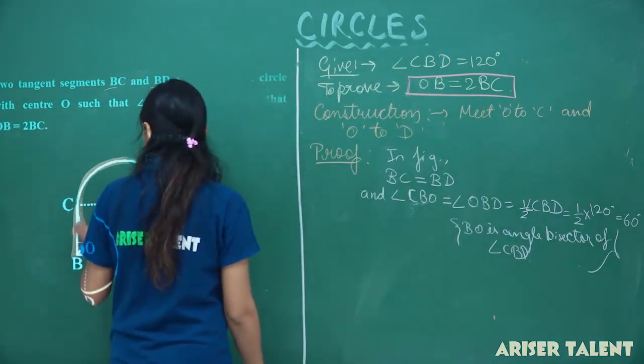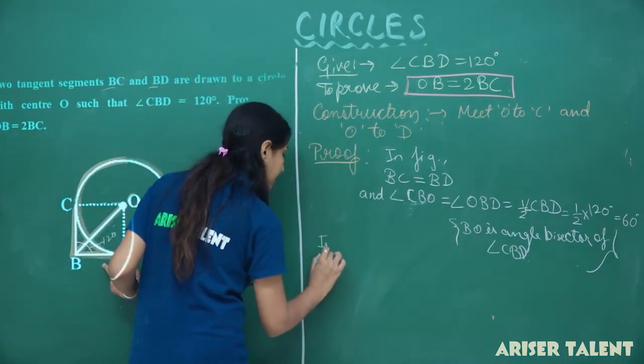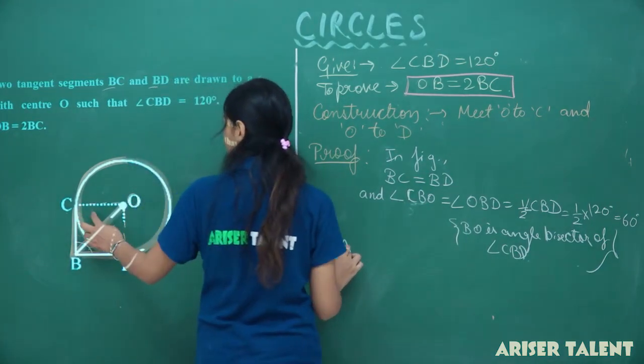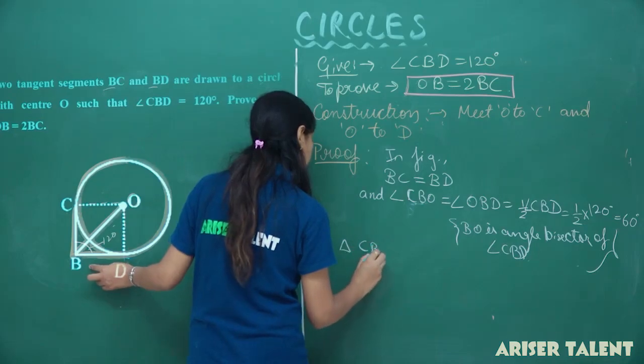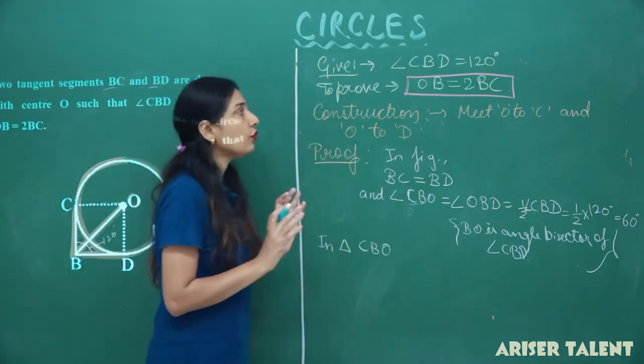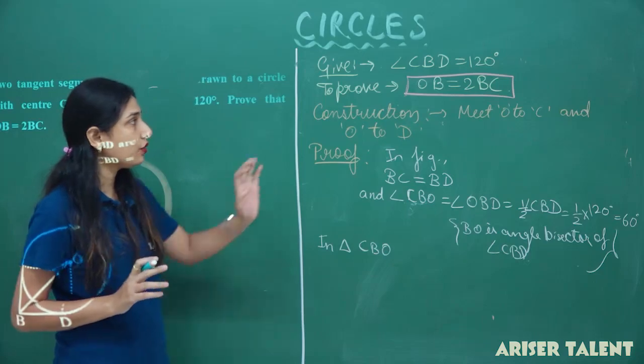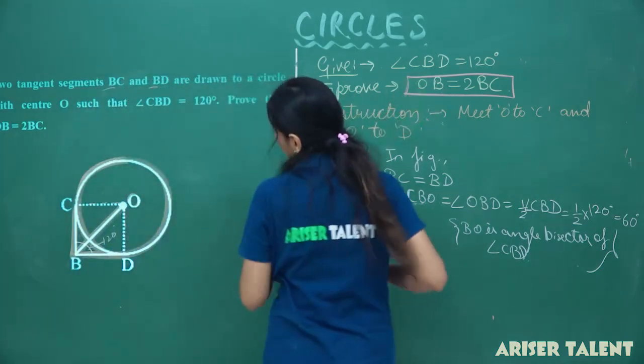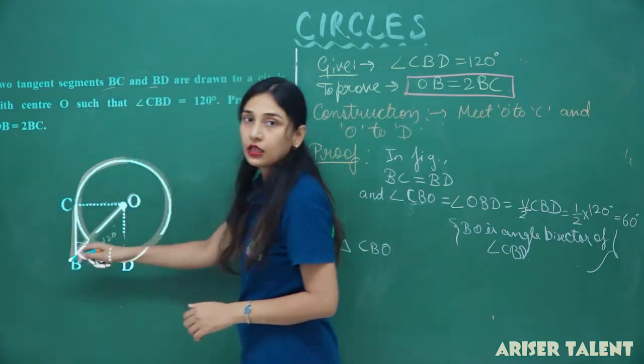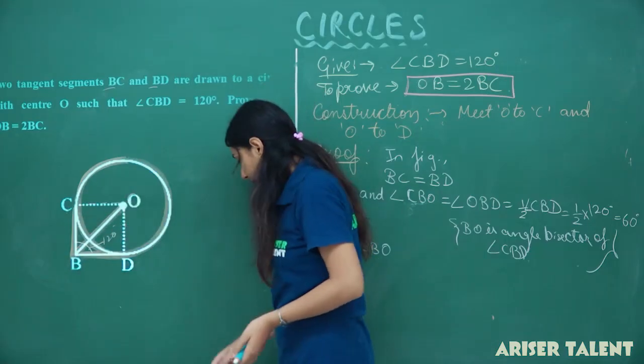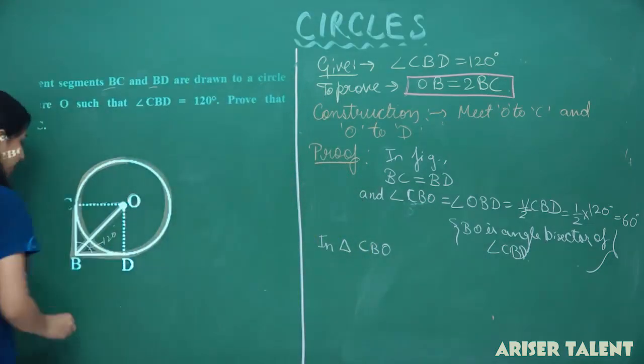Right. Okay. Now, if I talk about this triangle CBO, students, look carefully at what criteria you are having. BO and BC. Now, BO is here and BC is here. So, you will be taking this particular triangle. I am showing it with a different color. Okay.